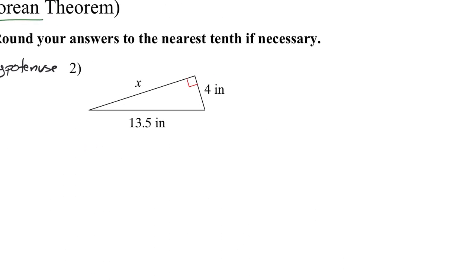See number 2. So number 2 again, my hypotenuse here is 13.5. That means that I got 4 squared plus x squared here. On this part, the two legs, it doesn't matter the order. You can put the x squared first and then the 4 squared equals 13.5 squared. So I got 16 plus x squared, and let's go to the calculator, find how much is 13.5 squared, and that's 182.25.